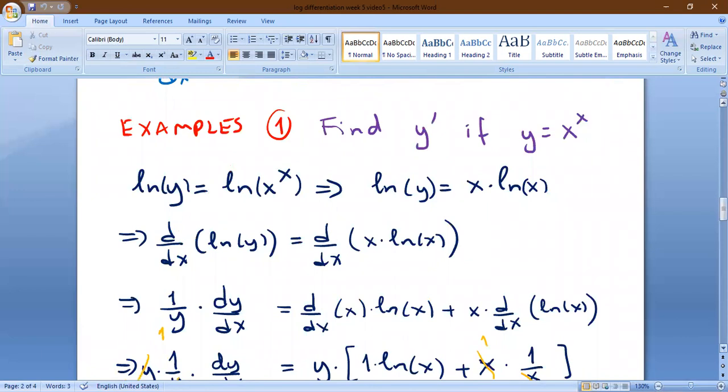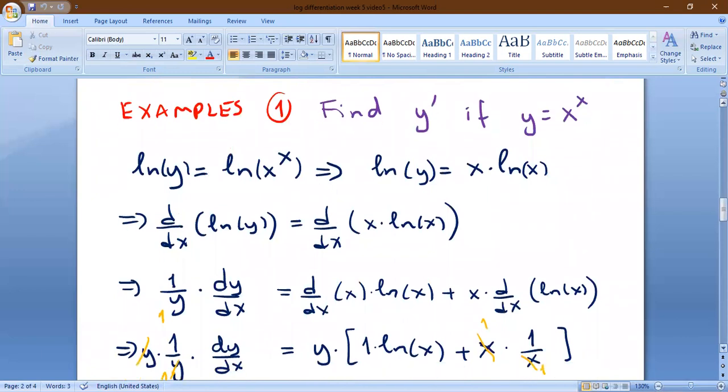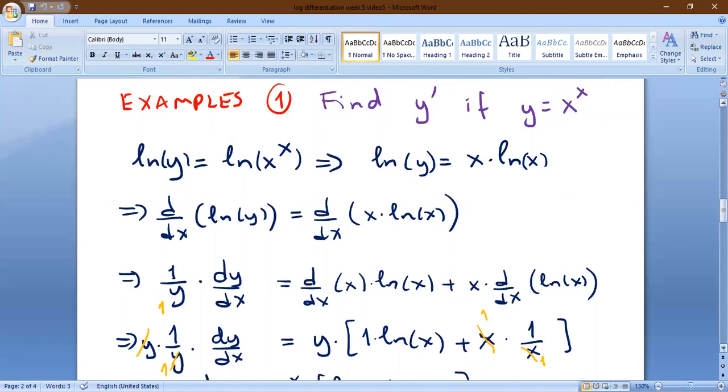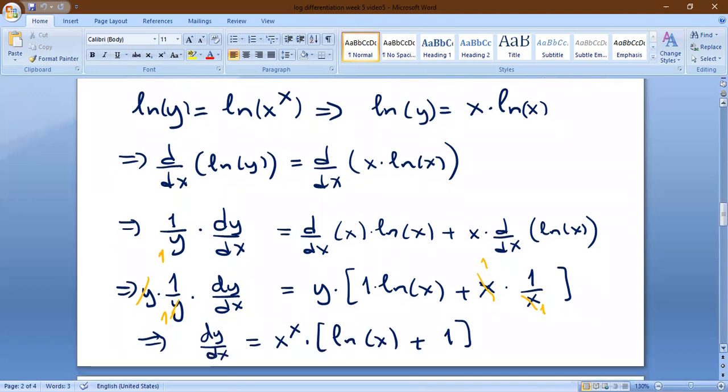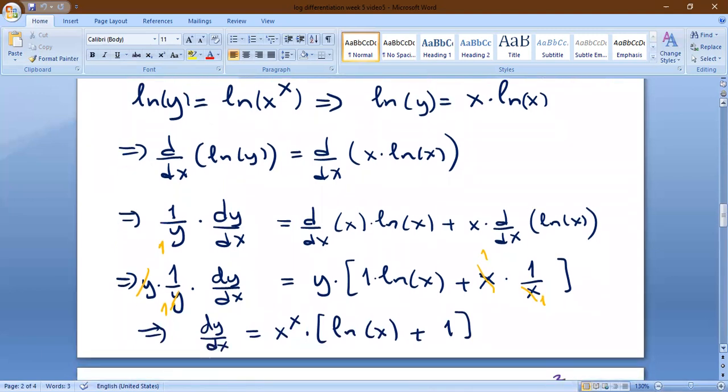For the left-hand side, the chain rule always gives 1 over y times y prime. For the right-hand side, there is always a product rule at first. So the derivative of x times ln x plus x times the derivative of ln x, which is 1 times ln x plus x times 1 over x. So that's going to be equal to ln of x plus 1.